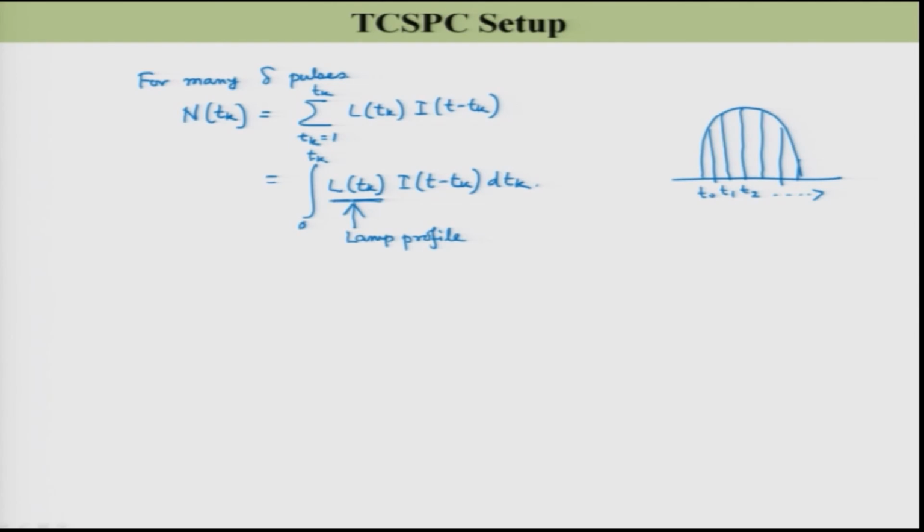So, this is nothing but the instrument response function, that is the response of the instrument towards the 0 lifetime sample. So, this is the IRF, I can measure it. So, this is a measurable quantity. This N(t) is nothing but your measured fluorescence decay.